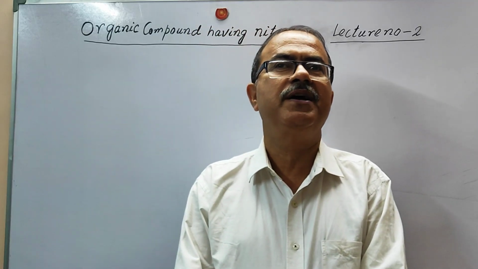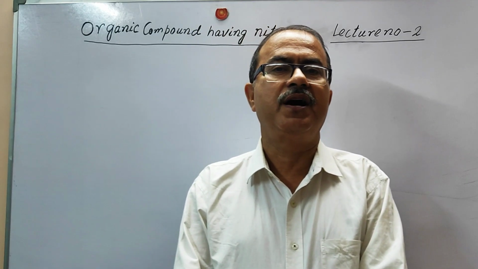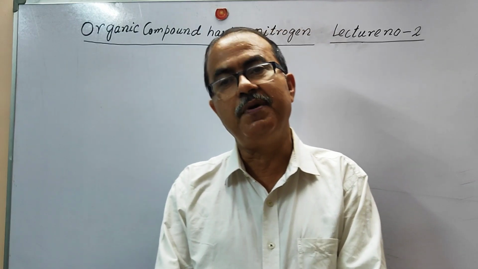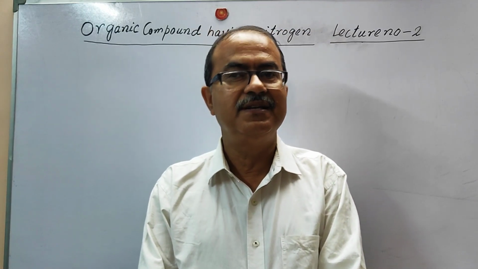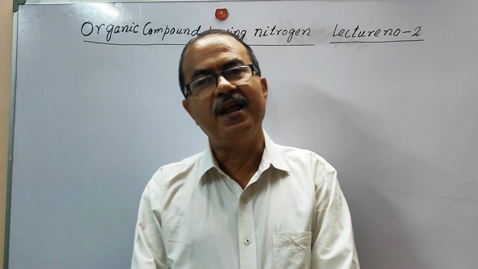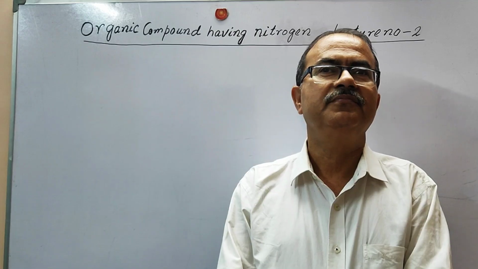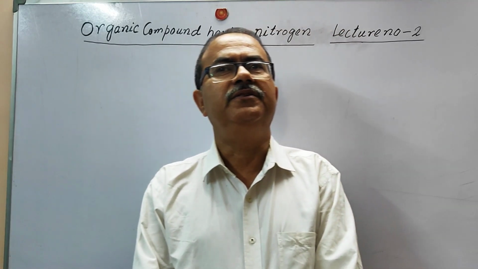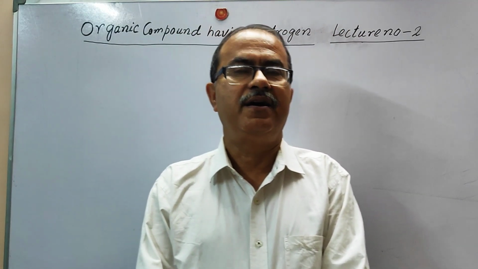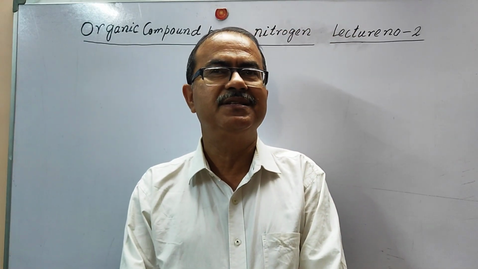Secondly, we will discuss reduction. Thirdly, we will discuss the hydrolysis of isocyanides. Then we will discuss the Gabriel phthalimide synthesis. Then we will discuss the Hofmann degradation of 1 degree amines.